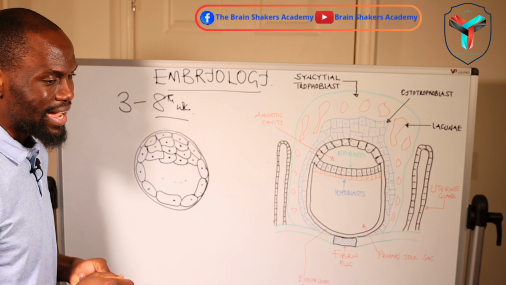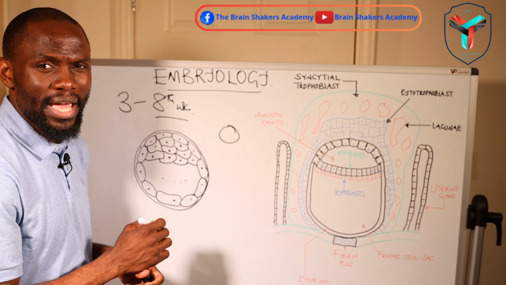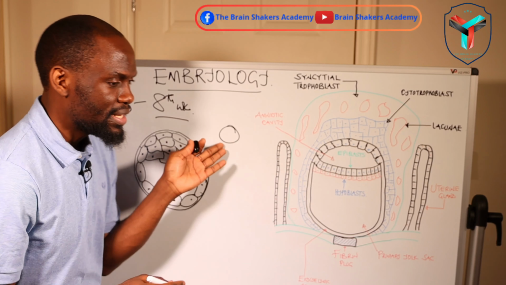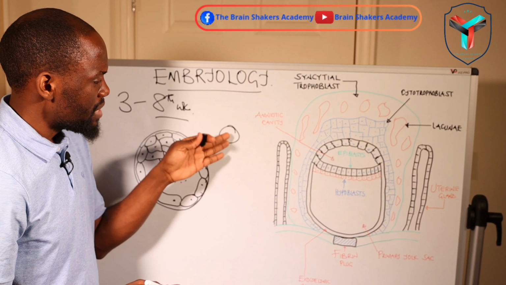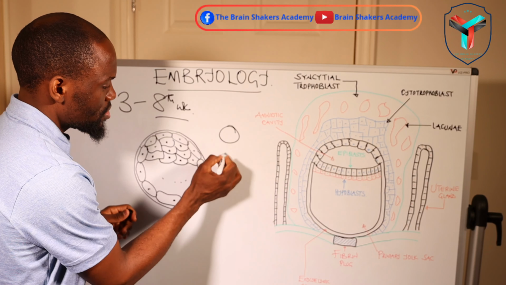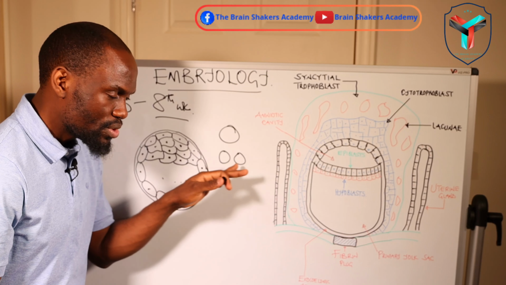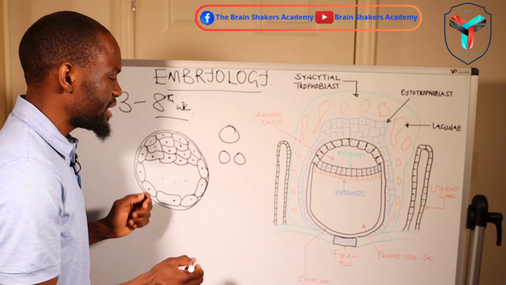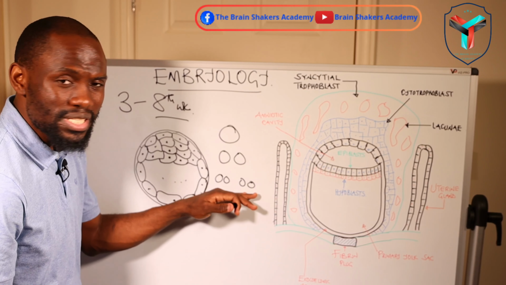Now, what happens after you have a zygote? Clearly you're going to have a zygote there, and because you have the zygote, there's a cell that has to undergo mitosis. So the parent cell will give 2 daughter cells. The 2 daughter cells also undergo further mitosis and give 2 daughter cells each, meaning that you're at the 4-cell stage.